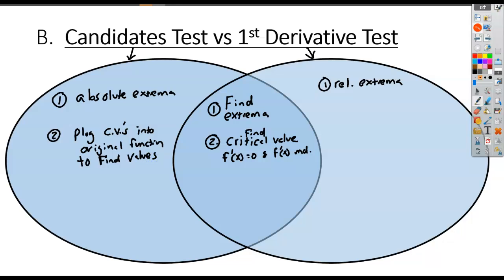For relative extrema, you plug the critical values not into the original function, but into the derivative to examine the slopes.